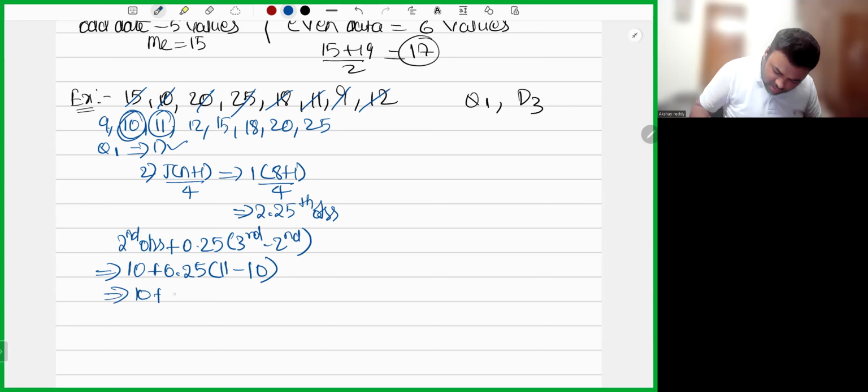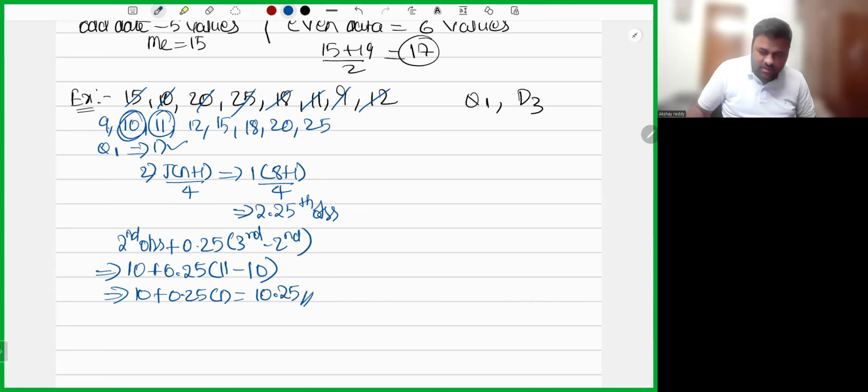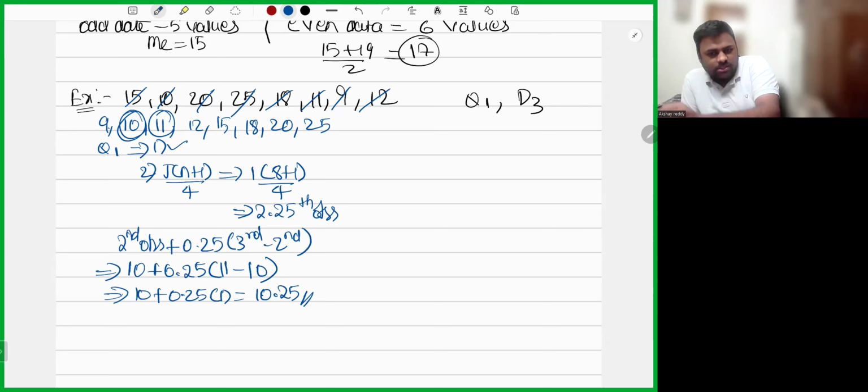So 10 plus 0.25 into 1, which is 10.25. This is the answer. Sir, how did you get this? Simple. If I have 3.76, how will you get it? Third observation plus 0.76 into fourth minus third. If I have 11.36, it is the 11th observation plus 0.36 into 12th minus 11th.